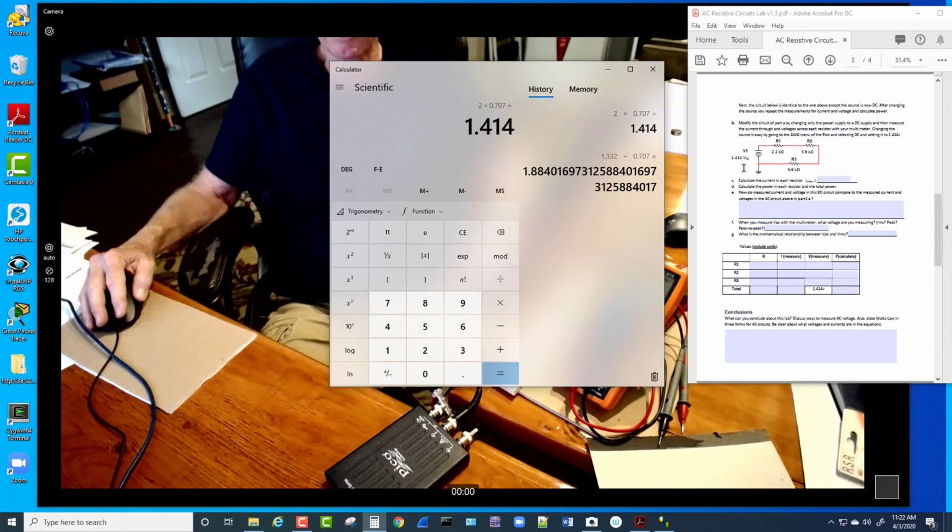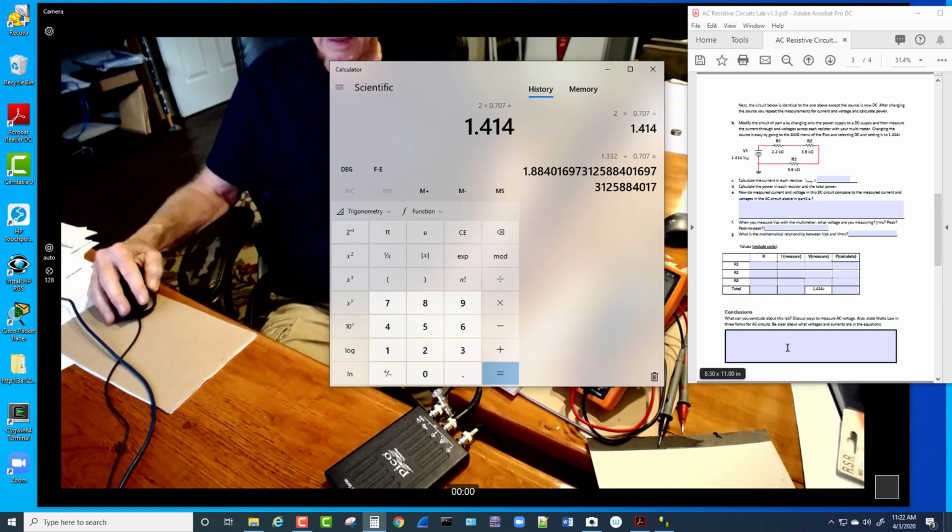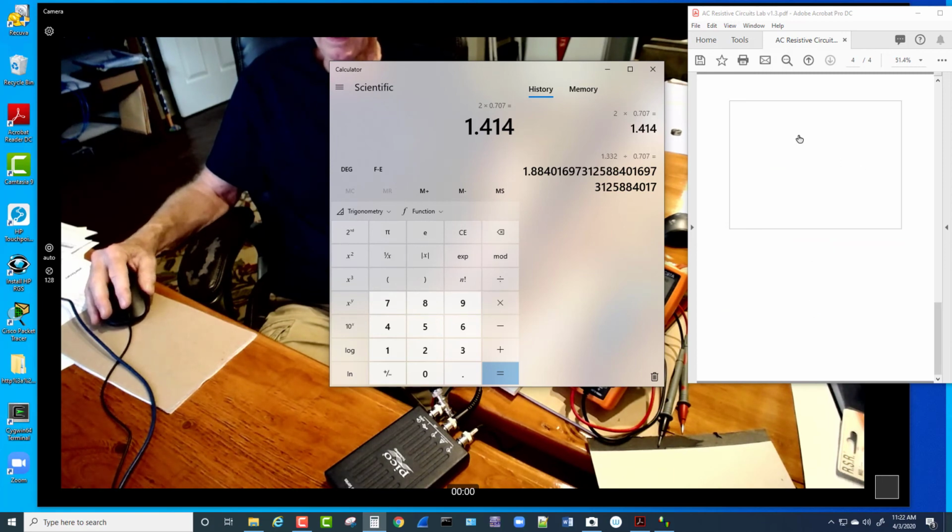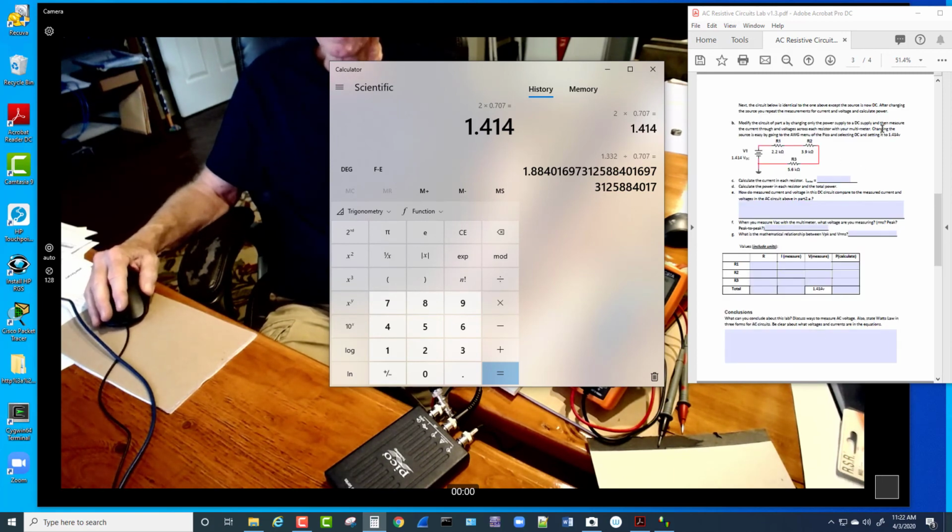Actually, I'll use the oscilloscope and set it up as a DC source instead of AC, and we'll see how this goes. This one you might want to follow because you have to write a little bit more, and then like last week you're going to attach your picture right there. So we'll be back with part 3 of this.